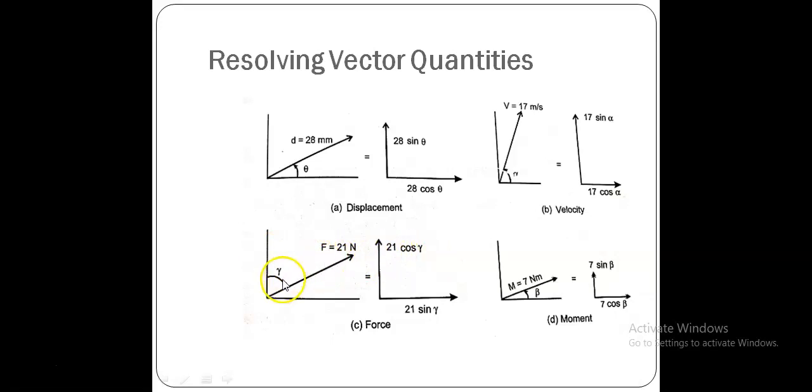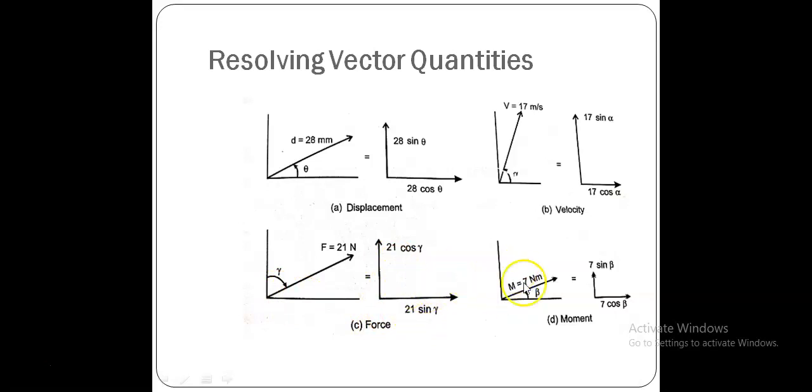Here theta is subtended about the horizontal, and therefore when resolved horizontally it becomes cos theta. When theta is subtended with respect to the vertical axis, resolving vertically gives cos alpha. Then when it is resolved horizontally, it becomes 21 sin gamma, or 21 cos(90 minus gamma).